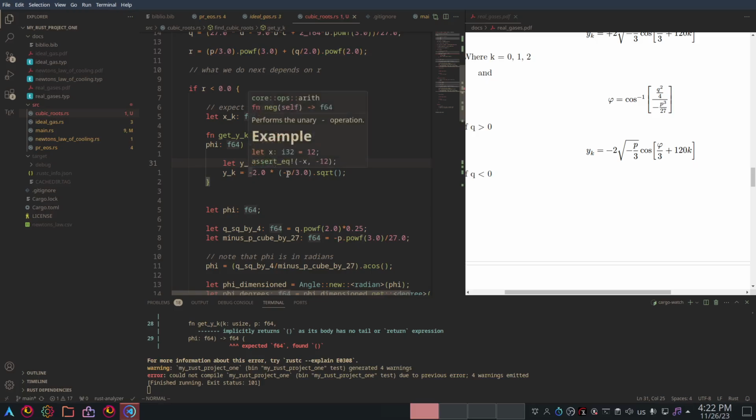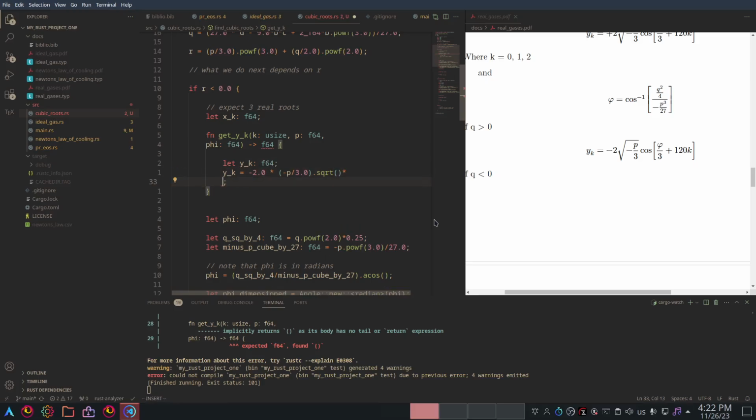There's a few things we need to do. A -2 here, minus p over 3.0, which is here. We square root the whole thing, and then a cosine of 5 by 3 times 120 k. So the last one over here is phi divided by 3.0 plus 120.0 times k.